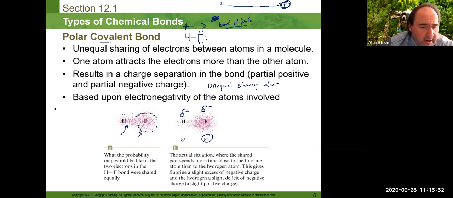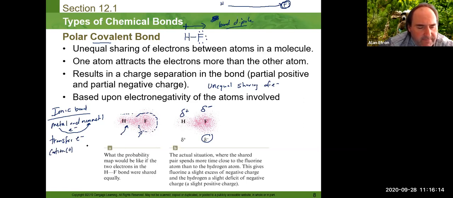An ionic bond is between a metal and a non-metal. There is no sharing of electrons, but a transfer of electrons, and we get our cation and our anion. It's that electrostatic attraction that holds that together.